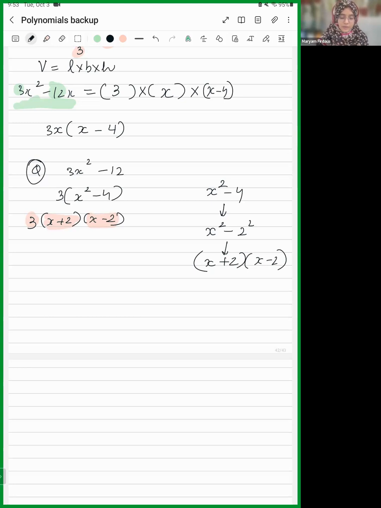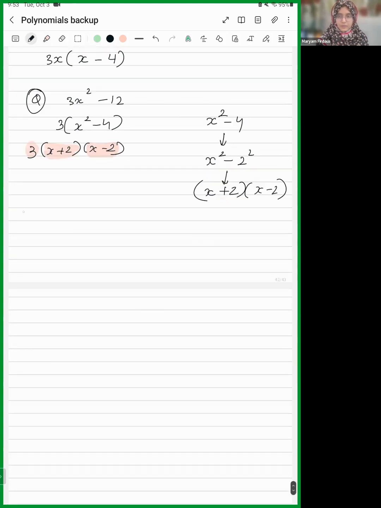Similarly, there's a very similar question in the last part of this. You have to find the possible expressions for the dimensions of the cuboid whose volume is 12ky square plus 8ky minus 20k.